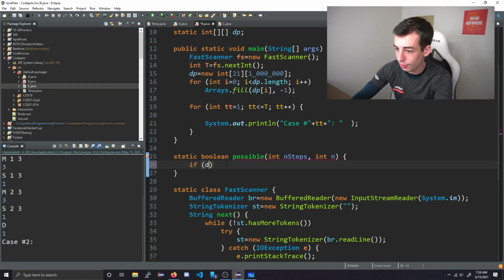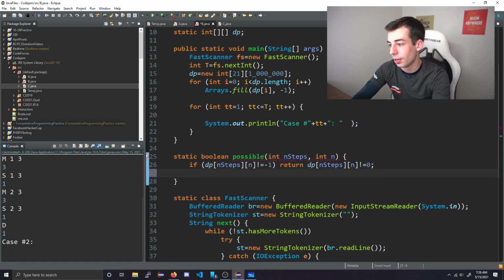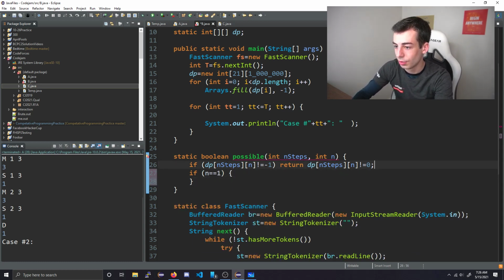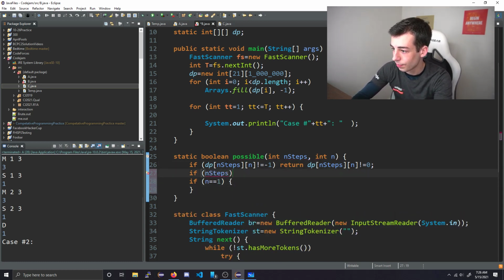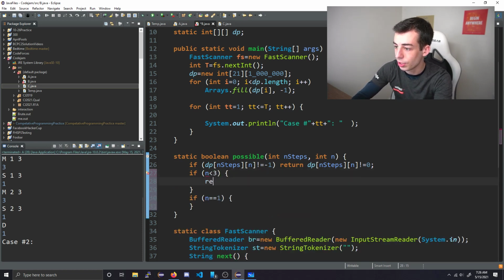Alright, so if dp at n steps, the n is not equal to -1, return that. Otherwise, brute force the current size. So if n is less than 3, return dp at n steps, n equals 0.